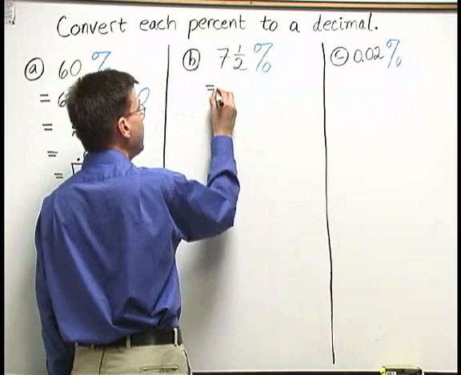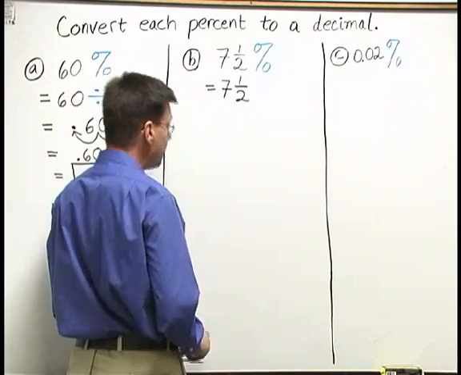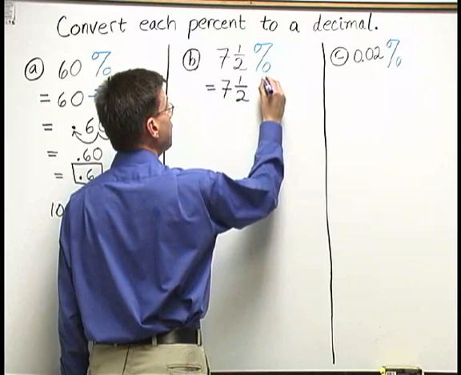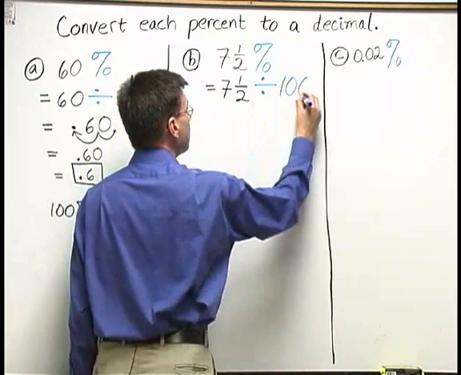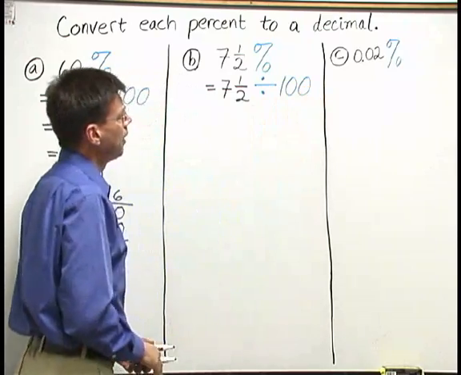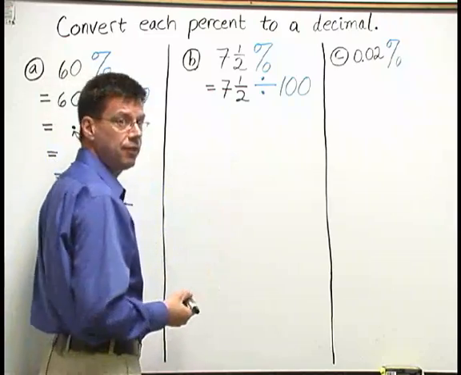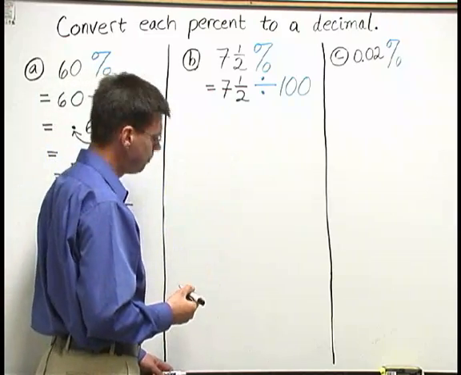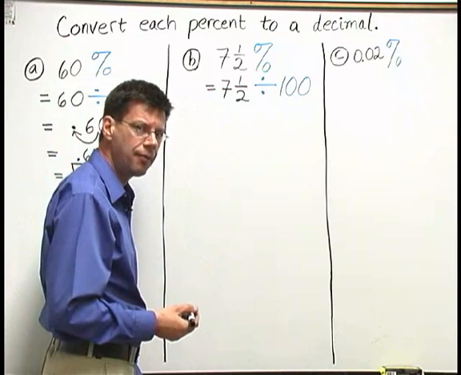That's 7.5 divided by 100. Now because I want a decimal answer here, I'm going to rewrite 7 and 1/2 as a decimal. What's the decimal for 1/2?